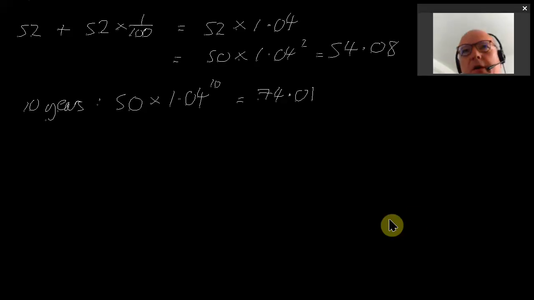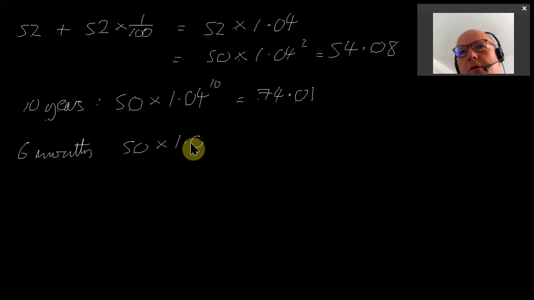We can also do fractions of years. So if you've got your money in the bank for 6 months, then at the end of those 6 months, assuming the interest is continuous, you're going to have 50 times 1.04 to the power of a half, which is going to be a bit less than 51 because it's compound interest.